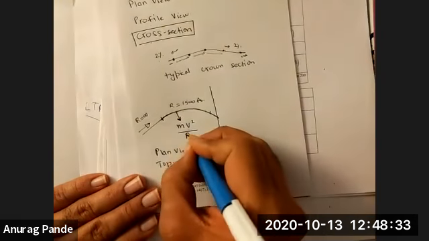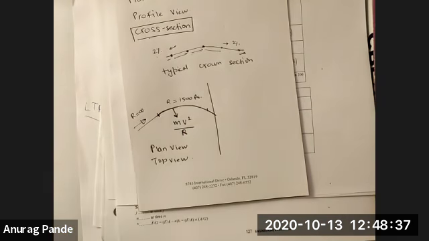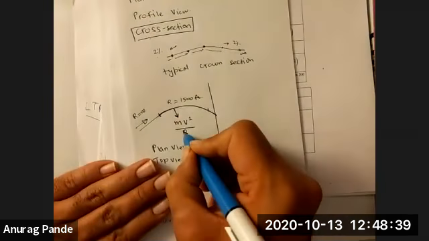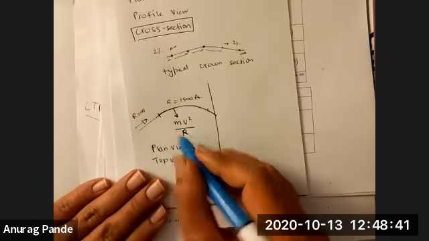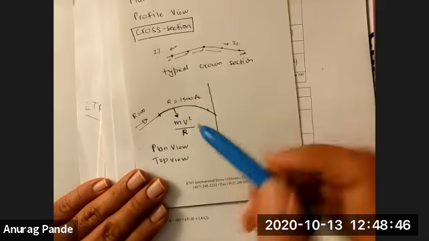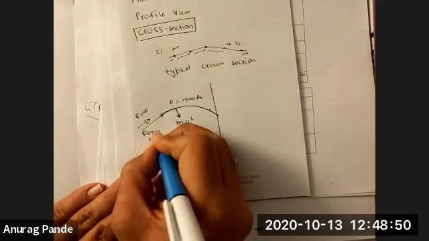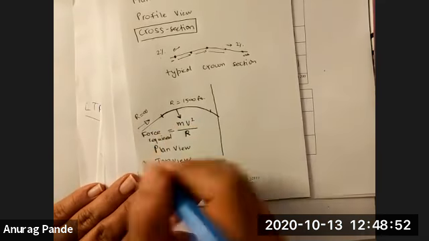You can see this force is going to be higher if your speed is high. So the force required is mv squared by r.